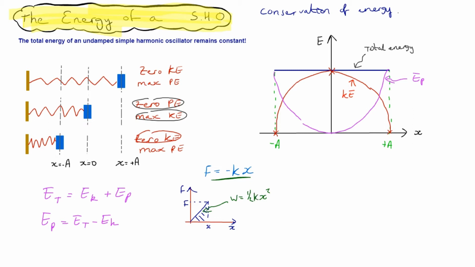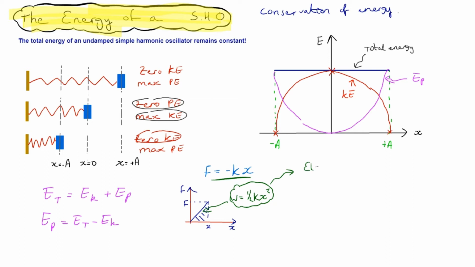So we can have a general truism that the work done displacing a simple harmonic oscillator to a certain position x is a half k, where k is the stiffness if it's a spring system, or whatever other constant it may be for any other system, times the displacement squared. So that's the work done stretching or compressing the spring, so it's also the energy stored.